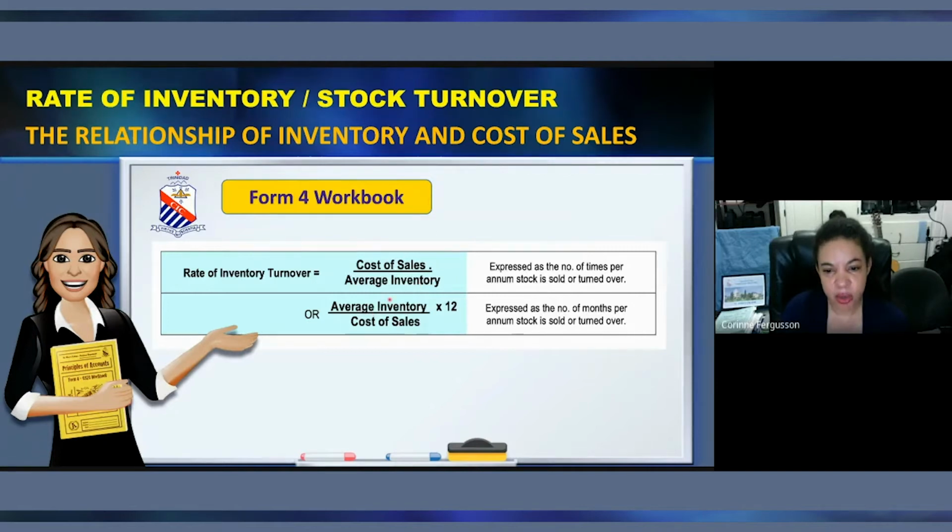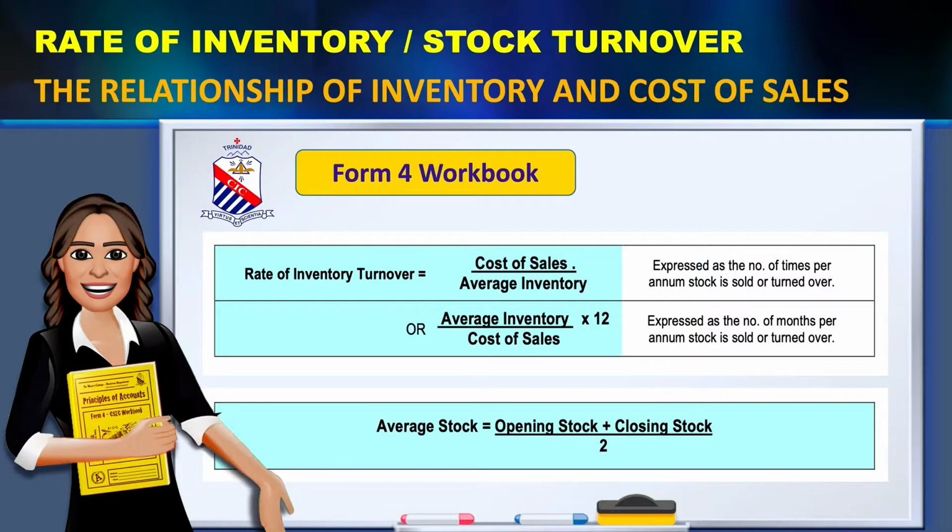The next one, which we are not going to go into now, is very easy. Once you know this ratio, the other ratio is just a kind of flipping over. But let us just concentrate on this one here. The two things: cost of goods sold or cost of sales, which you get in your income statement, and then average inventory, which is something we have to work out.